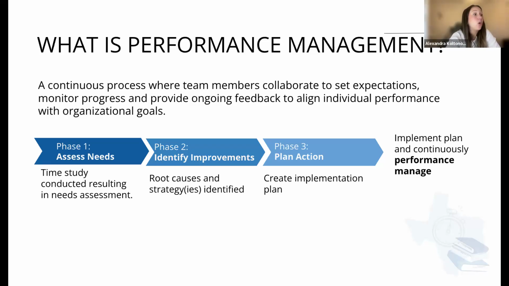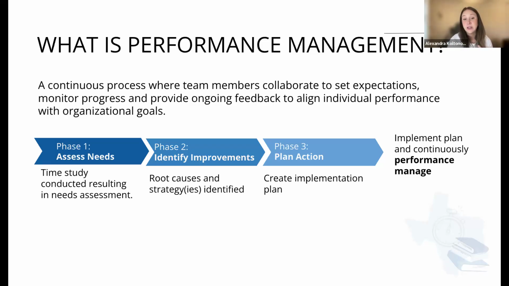So as a reminder of this whole process of where we started back in February, we started in phase 1 when we were actually studying teacher time. That was a good 6 months worth of work where we were collecting all that data. In phase 2, we worked to identify those improvements, and that was over the summer when we did the root cause analysis and then put together a theory of change linking where we're currently at to where we want to be.